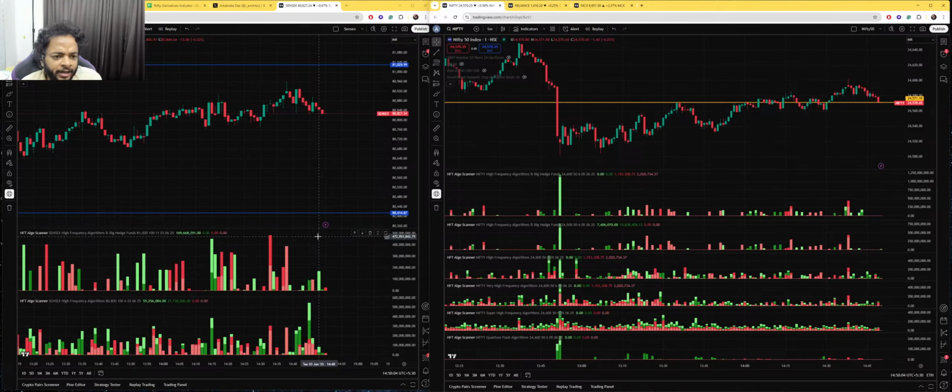Now some put writing happened here. Let's see. So I think these call writers saved those technical analysts who thought that this could be a breakout. So right from there, Nifty came down. Sorry, Sensex came down.